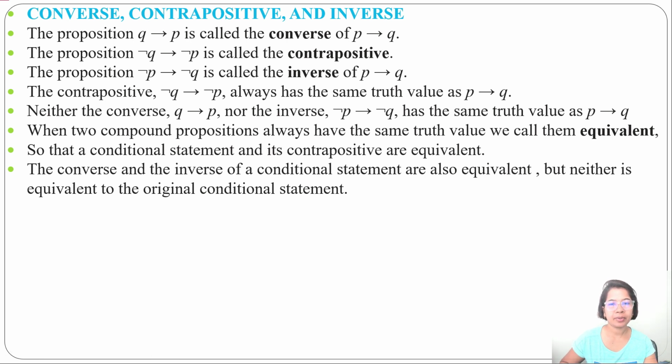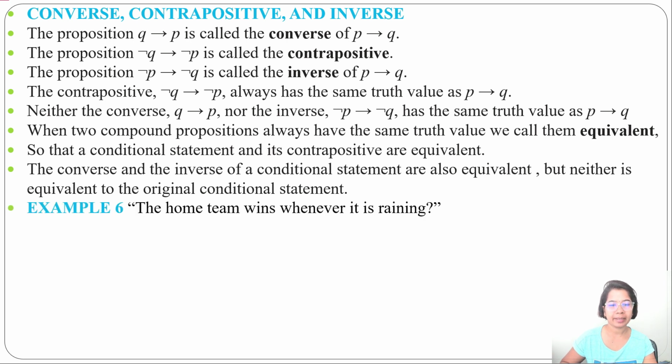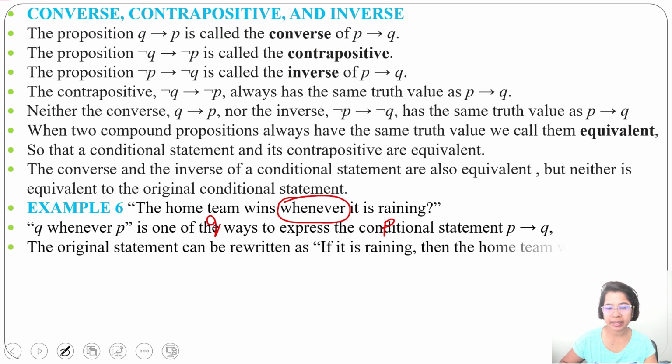Let's see one example of converse, contrapositive and inverse. Here it's written the home team wins whenever it is raining. Just mark this, it's whenever. Q whenever P. That's why I told you these terminologies are important. So first part is Q, second part is P. It is raining is P and the home team wins is Q. So you can write in if P then Q format: if it is raining then the home team wins.